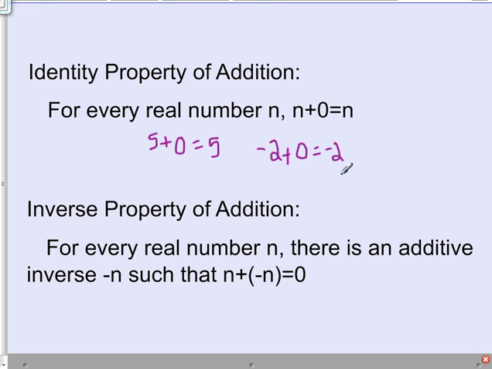To put that in English words rather than mathematical terms, if we had a real number, let's say 5 again, and we took its additive inverse, which is basically the opposite, it is negative 5. When we add those two terms together, with parentheses around to separate it a little bit more, the outcome would be 0.